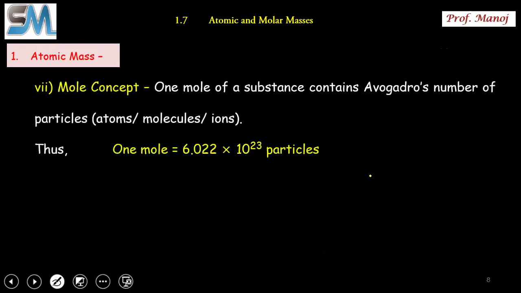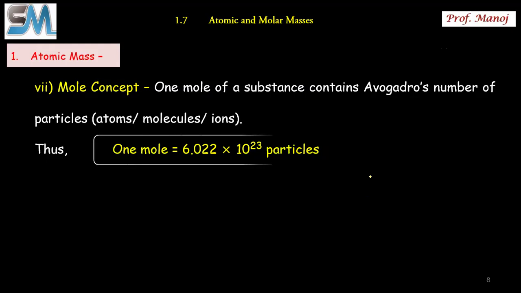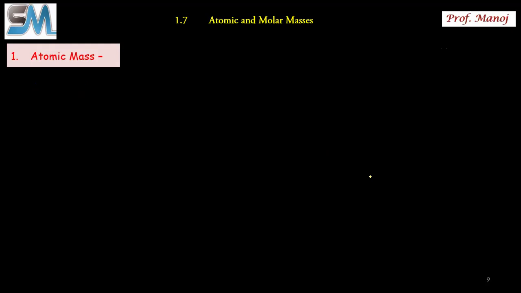Coming to the next point, we will take a short detour to understand what is mole concept. You know, 1 mole of a substance contains Avogadro number of particles. By particles, we mean either atoms, molecules, ions, anything. So 1 mole, I repeat, is 6.022 into 10 raised to 23. Keep that in mind and let us use it.